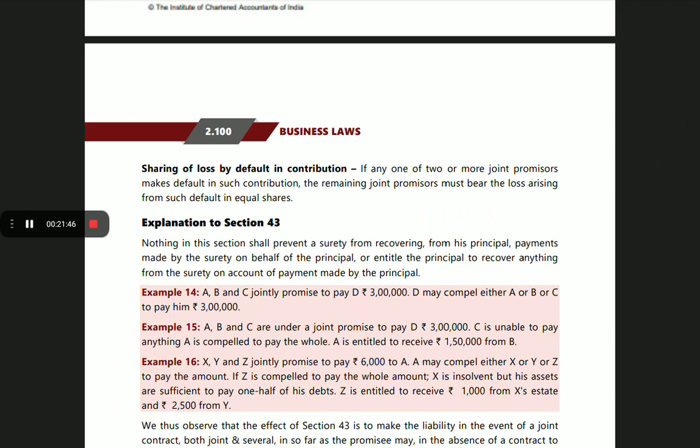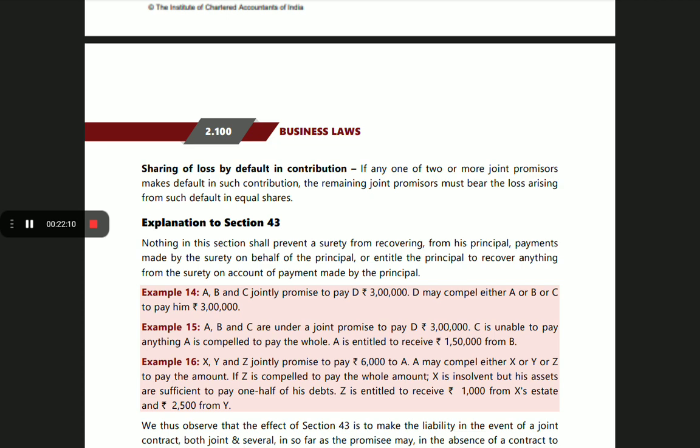Sharing of loss when default in contribution. If any one of two or more joint promisors makes default in such contribution, the remaining joint promisors must bear the loss arising from such default in equal shares.